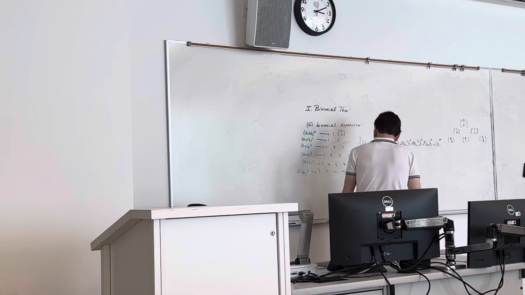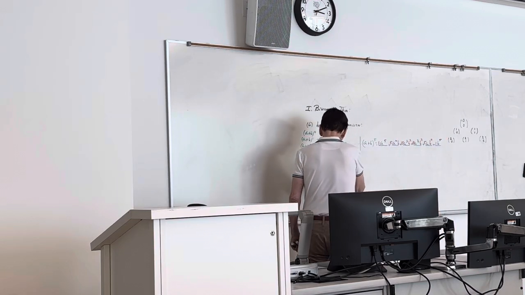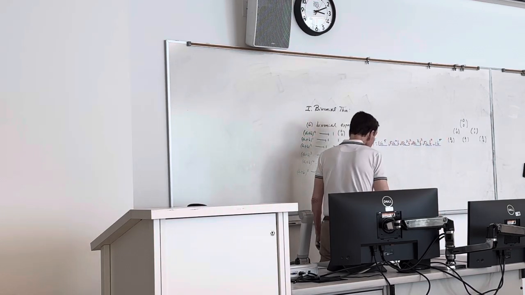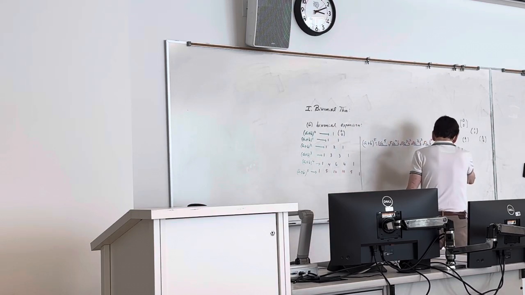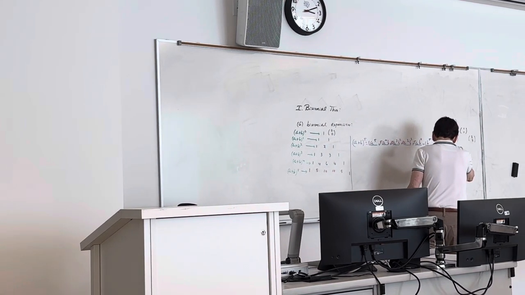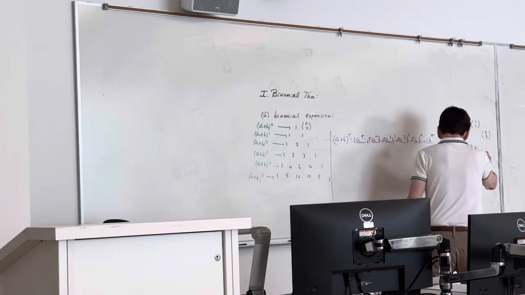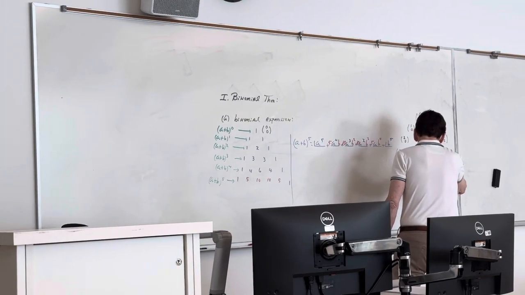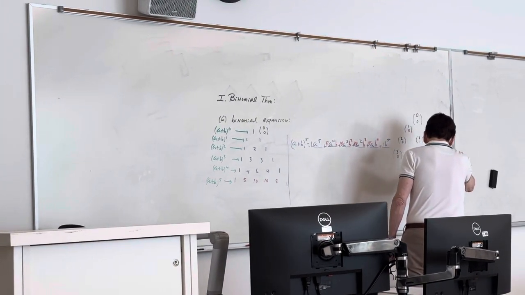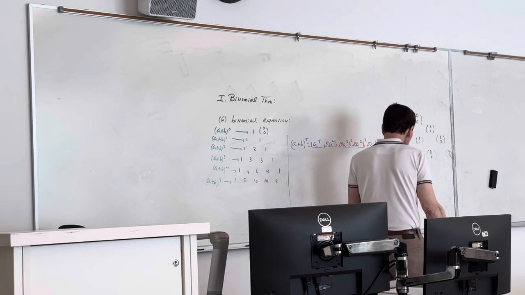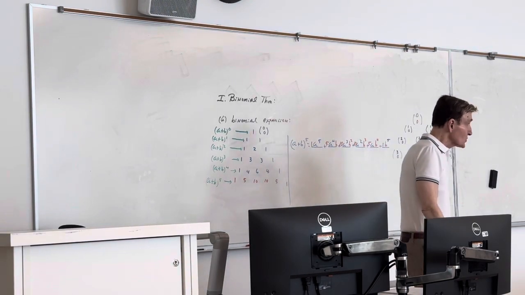So I've got a triangle going on here. The 1, 3, 3, 1 for the a plus b cubed, where 3 choose 0, 3 choose 1, 3 choose 2, 3 choose 3. And I could continue. Now, does that look strange?